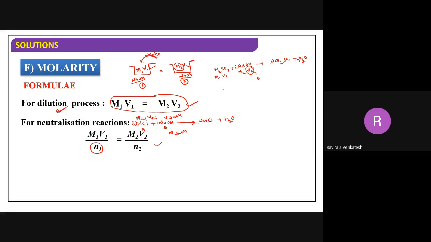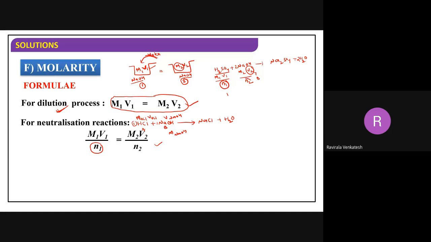Now in this case, they give the M1 value and the V1 value. M2 is also given, and they are asking V2. Now M1V1/N1 = M2V2/N2. Based on this equation, N1 is equal to how many moles, beta? 1 mole.